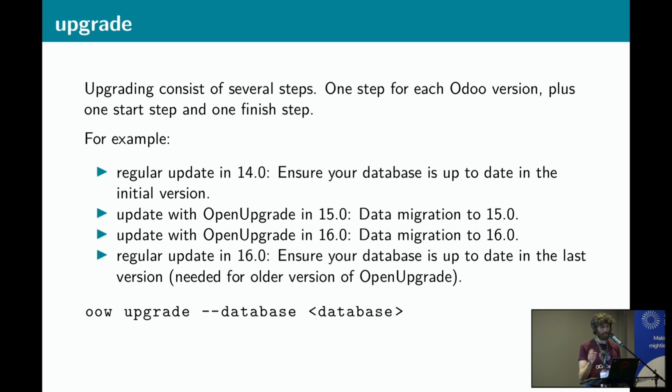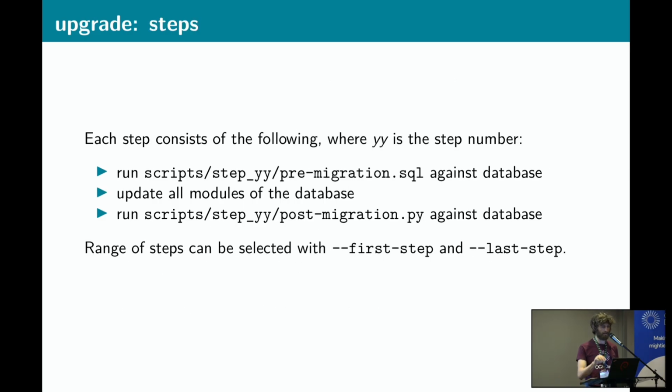So if you don't change anything, you will get something like that. Each step consists of running a pre-migration SQL file, then updating all the modules of the database, and then running a post-migration Python script on the database.